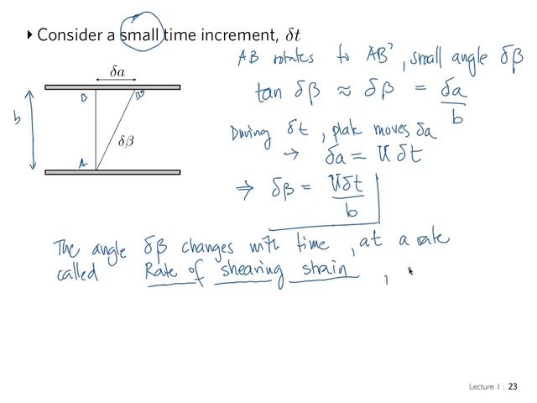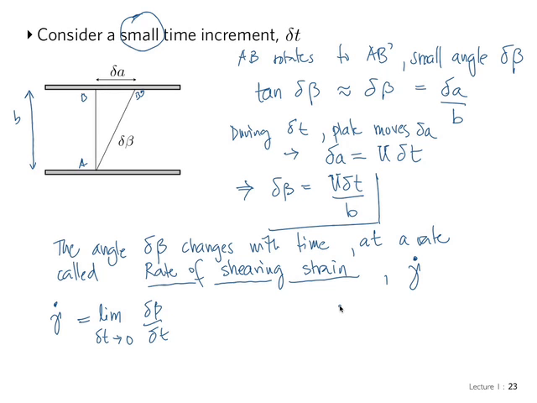and we use gamma dot to represent the rate of shearing strain, and it's going to be defined as gamma dot equals the limit when delta t tends to 0 of delta beta divided by delta t. In this case, if we divide by delta t, we just get U over b.